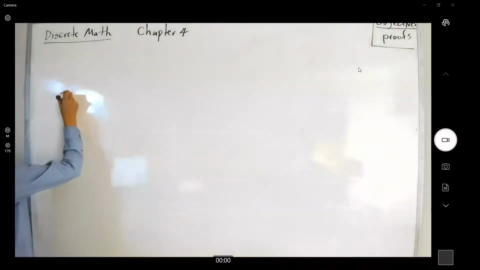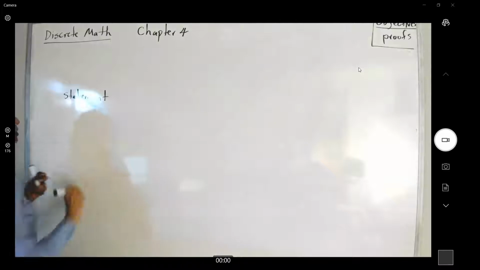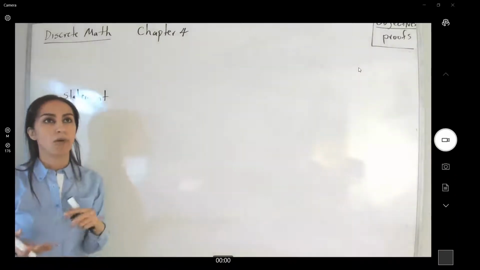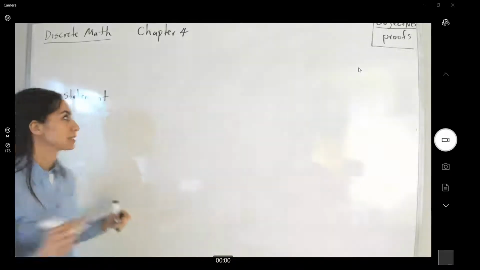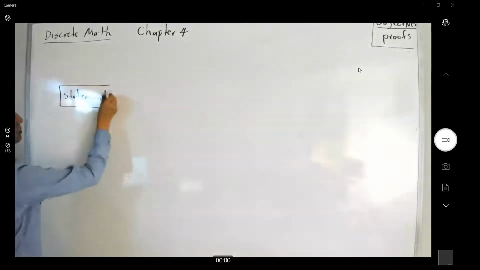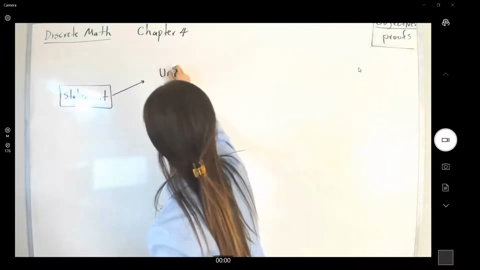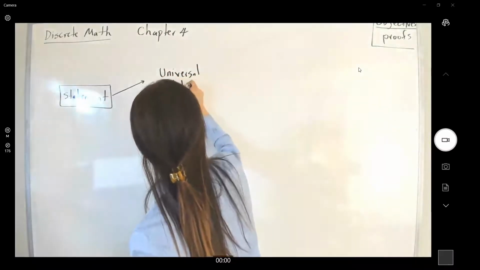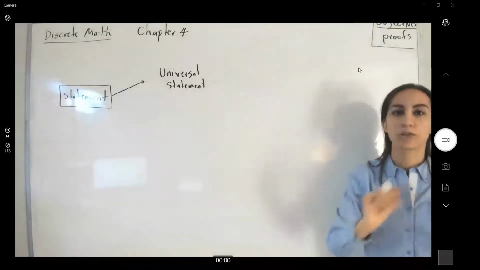Well, for a statement, suppose you have a statement, you either have a universal statement, or you have existential statement, or in general, some statements. If you have a universal statement, to prove a universal statement, we take a look at the domain.